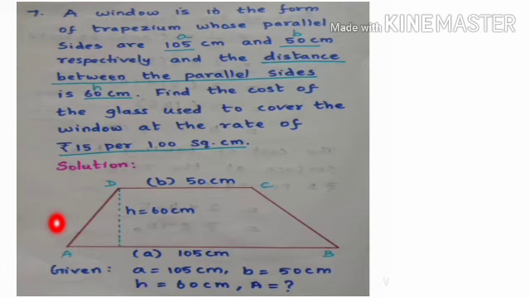So our aim is to find the area of the trapezium, A is equal to question mark. So here we have to find the area of the trapezium by using these values, and then we have to multiply that value with 15 by 100 to get the cost of such area.